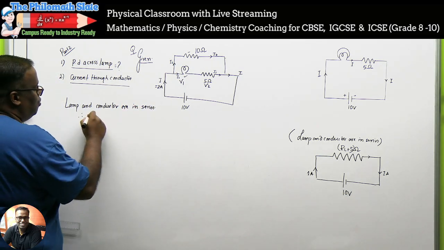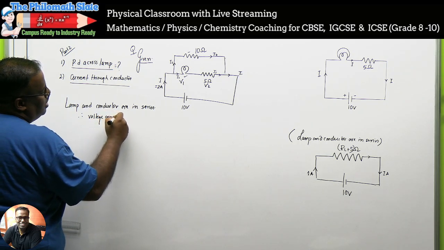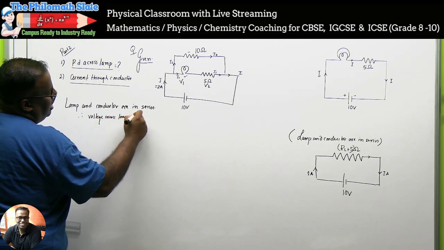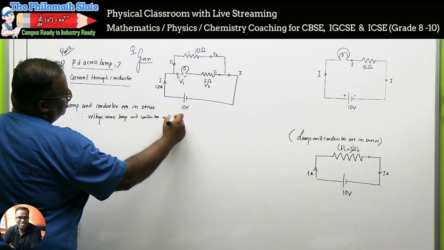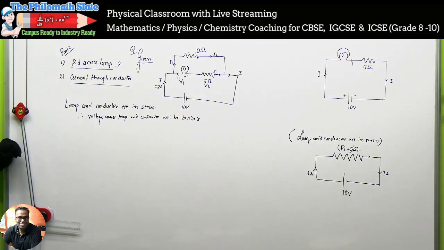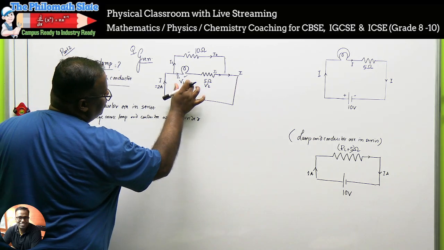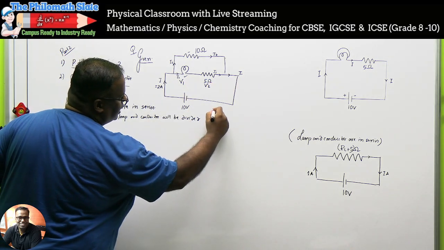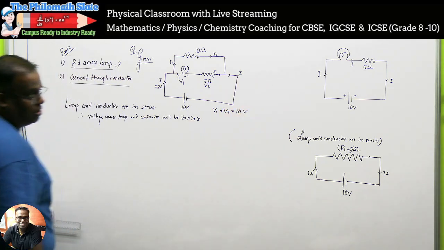Therefore the voltage across lamp and conductor will be divided, because in series the voltage gets divided. So if V volts were being supplied, the V volts become V1, V2, such that V1 plus V2 ultimately has to be equal to 10 volt.